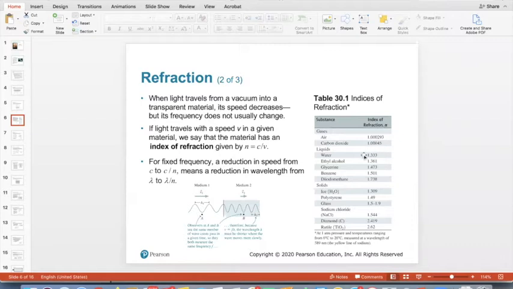But look at water. The speed of light in water is something like 33% slower than the speed of light in air. I'm just approximating there, but light moves much slower in water, so we have a higher index of refraction.